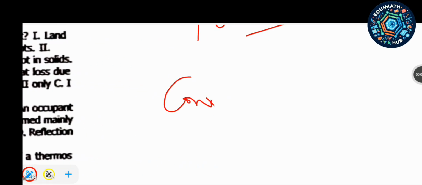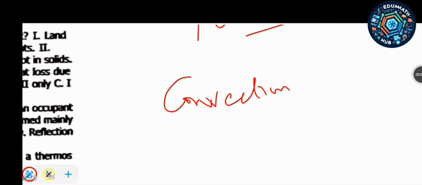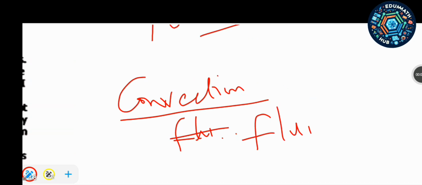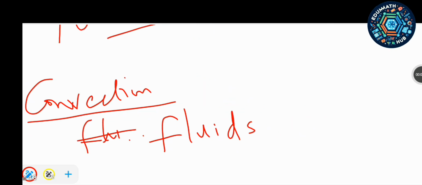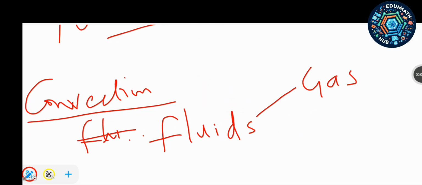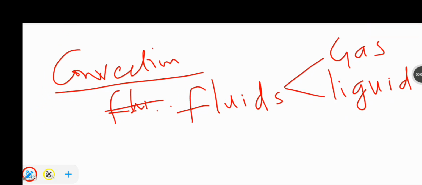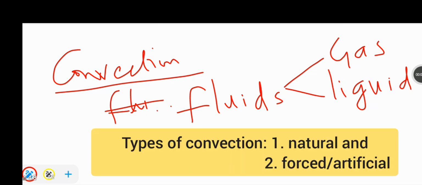So convection is the mode of heat loss in what are called fluids. Now what's a fluid? A fluid can be gas or liquid. So take note, a solid is not a fluid. Fluid is only gas or liquid. So the mode of heat loss in fluids is what is called convection. And there's something called natural convection and artificial or forced convection.